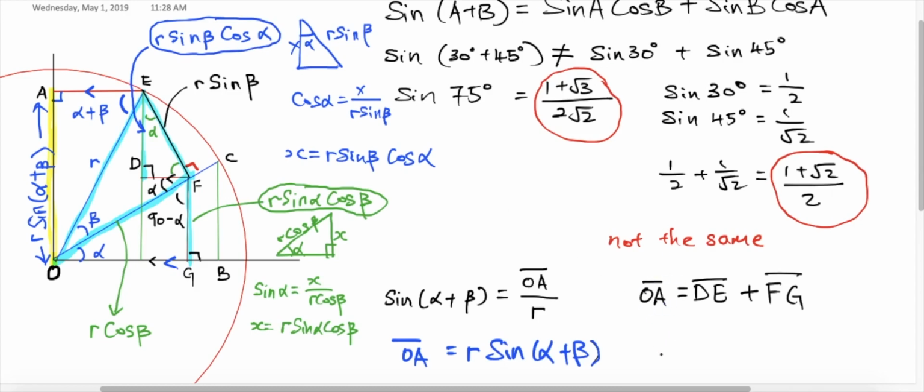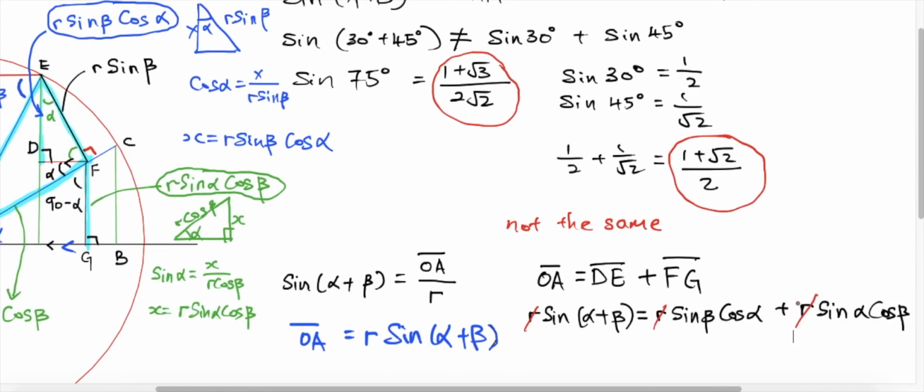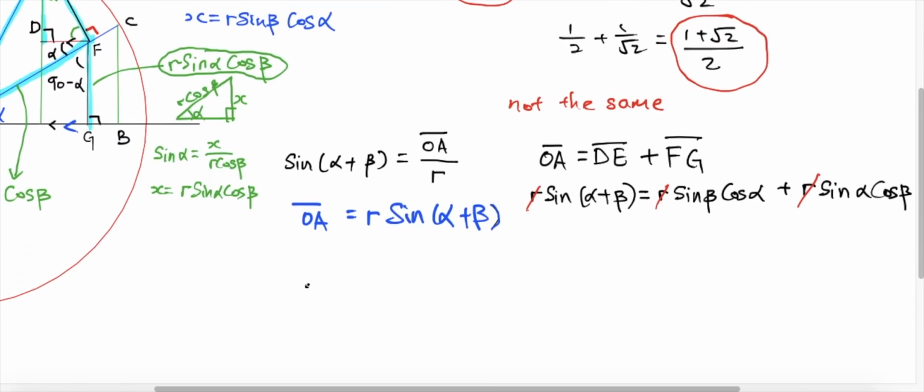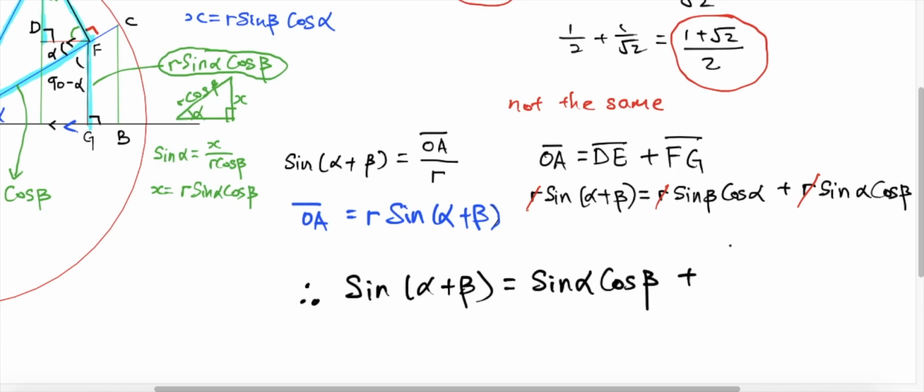So hence and therefore r sine alpha plus beta, which is from here, this length is actually equal to DE, which is sine beta cos alpha, factorize and simplify, and hence identity, therefore sine alpha plus beta is actually equal to sine alpha cos beta plus sine beta cos alpha, right? So this is how this identity is being proved.